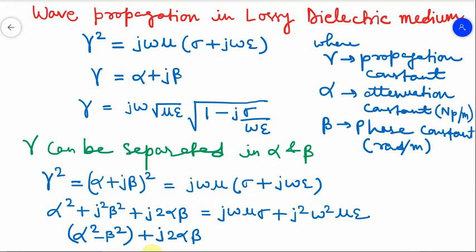If you compare this with any complex number, this will be the real part and this the imaginary part. Here also j square is minus 1, so minus omega square mu epsilon will be the real term, and plus j omega mu sigma is your imaginary term. So we can compare the real and imaginary terms on both the sides.